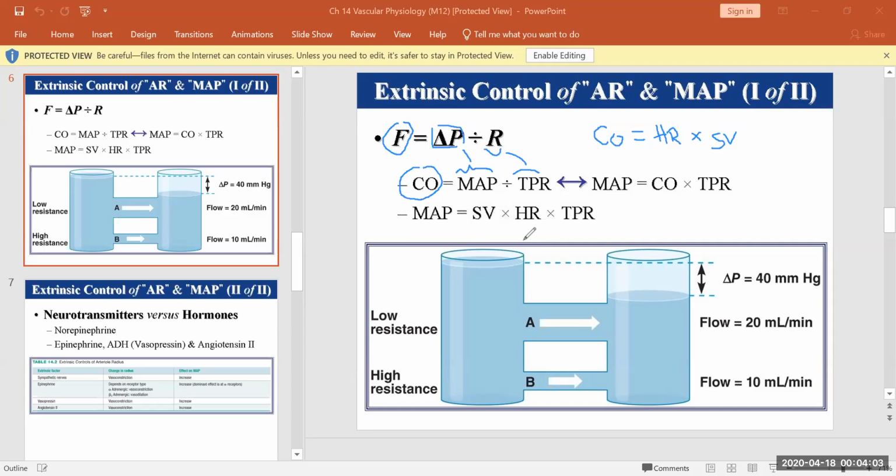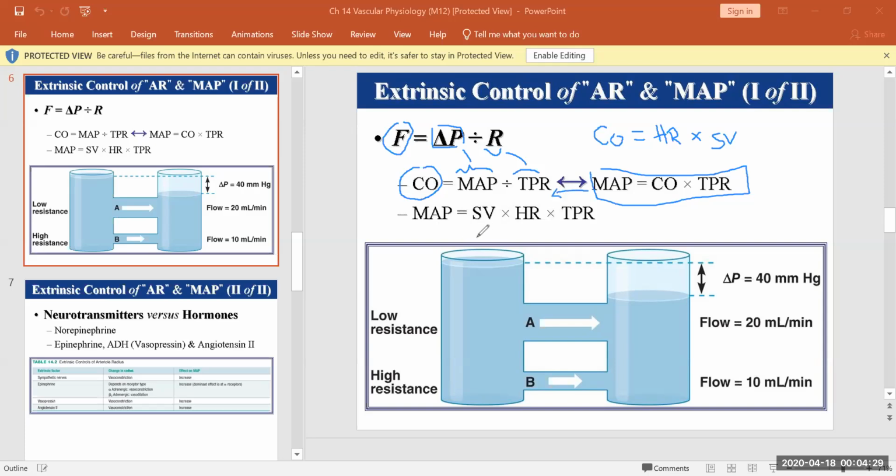Now, if you pay attention, we can rearrange this equation over here. So MAP equals cardiac output times total peripheral resistance. Since CO equals HR times SV, you convert that over here, down here.